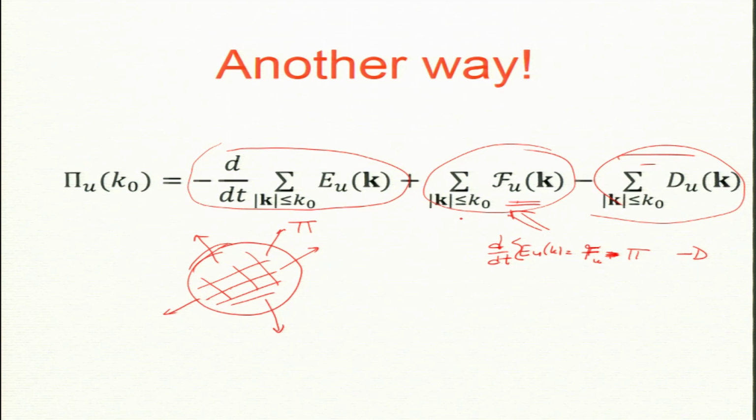So, all three terms on the right hand side can be computed. To compute the time derivative, I need two different times, but all three terms can be computed. Once I compute all three terms, I can just add and subtract, and I get the flux. So, this is another way to compute Kolmogorov flux. This is called Kolmogorov flux, which I am going to come to in the next class.